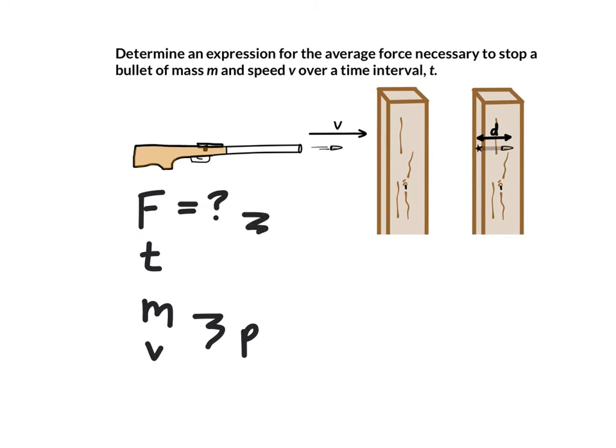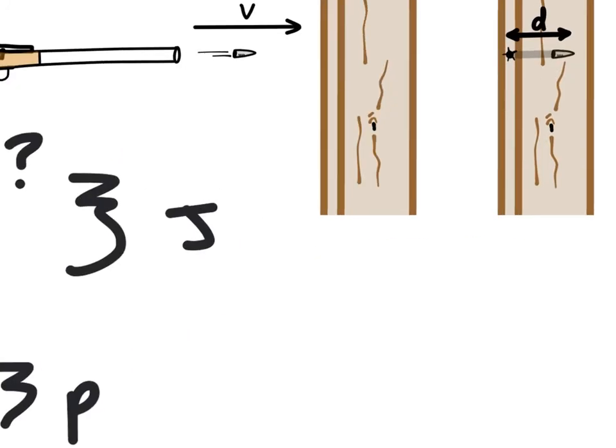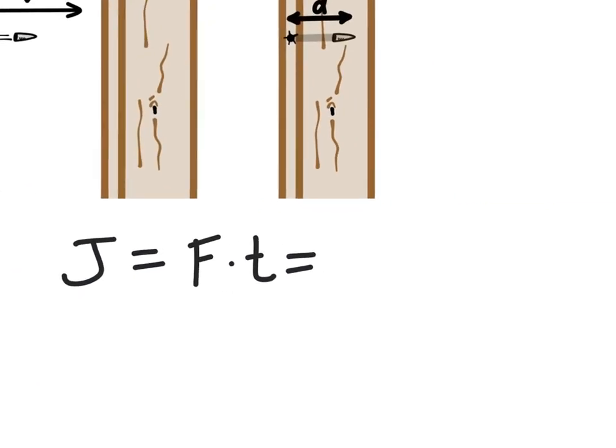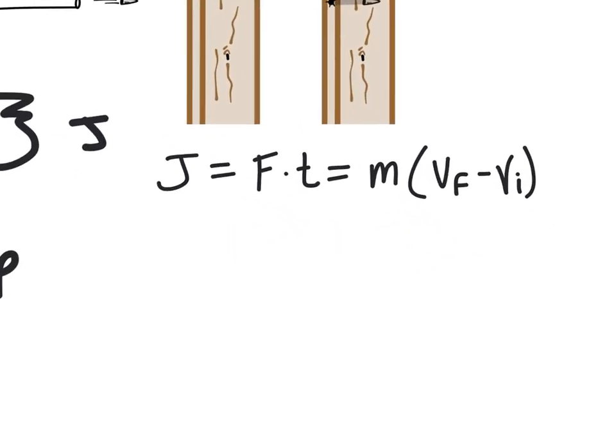But force and time, their product is impulse. So we can use our definition of impulse here. J equals F times t, which is also m times change in velocity. So solving for F, you're just going to divide by t, and you're going to get m vi over t, since the final velocity was 0.